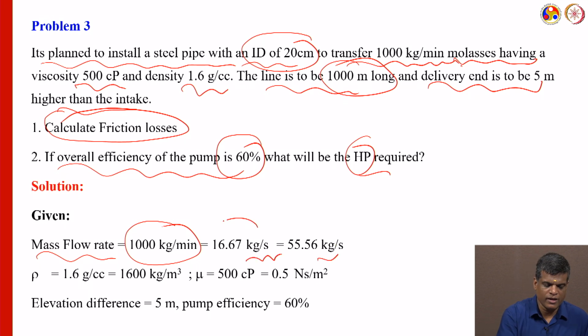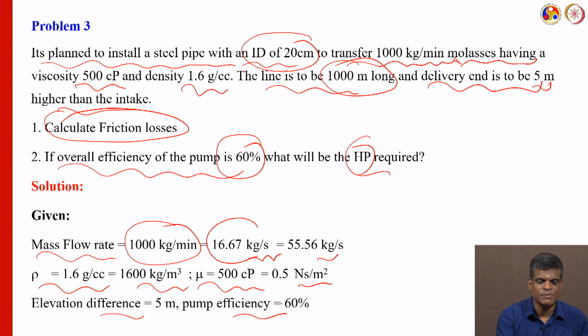The density is given in gram per cc, convert it to kg per meter cube, because we have to use only SI units, then convert mu from centipoise as well. The elevation difference is 5 meter, and the pump efficiency is 60%, already given.